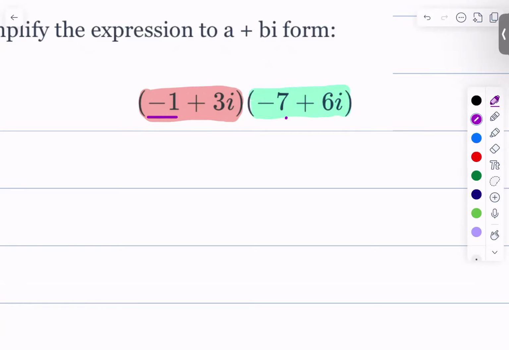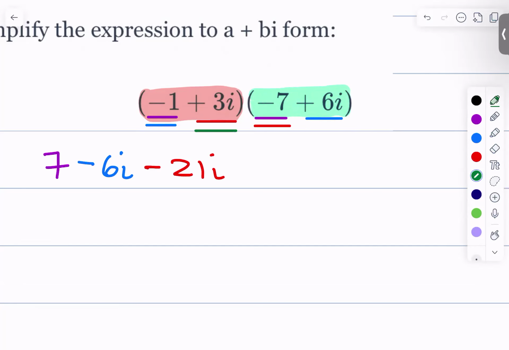So -1 times -7 is +7. -1 times +6i is -6i. And then +3i times -7 is -21i. And then 3i times 6i would be plus 18i squared.